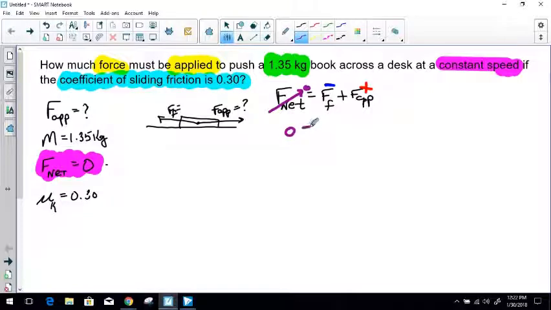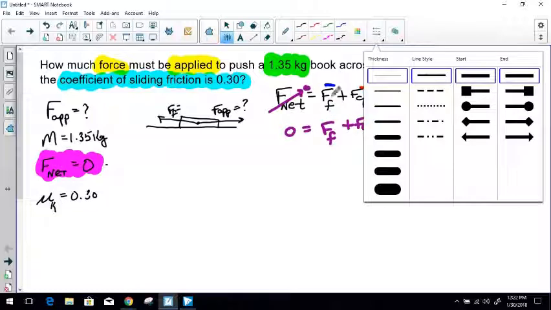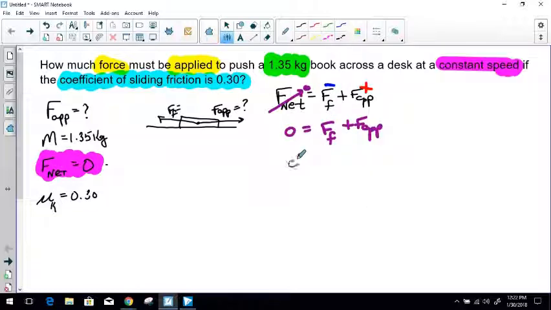So I get 0 equals the force of friction plus the force applied. If I take into account the negative sign here, 0 equals negative the force of friction plus the force applied, and I move this force of friction over, then my force of friction equals the force applied.